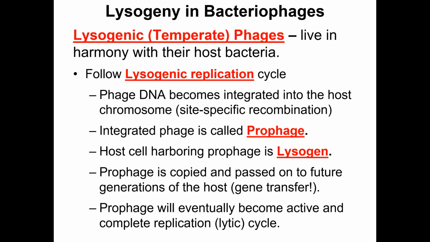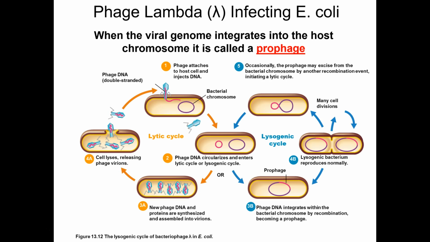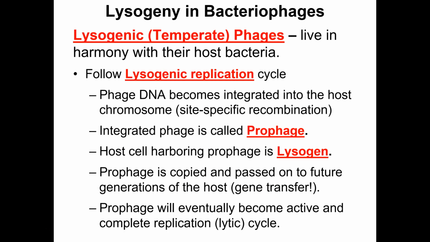Okay, so how do they go dormant? Well, once their DNA gets into the host cell, so let me flip back and forth here, they will actually force their DNA into the host chromosome. They do so through a very unique type of recombination, site-specific recombination.